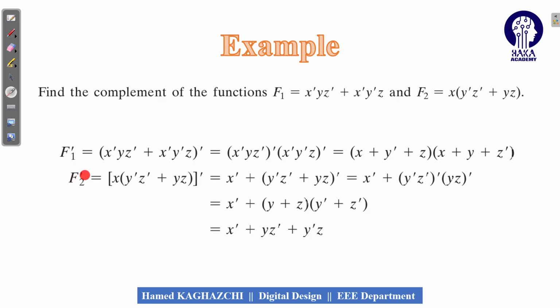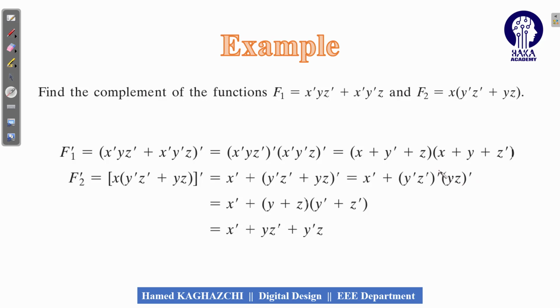Similarly, for the case of f2 prime, I complement all of the expression. Now this prime, if applied inside of the parentheses, I will have x prime. Here the and converted to the or. Again, y prime z prime or yz, all of them complemented. Again, x prime or (y prime z prime) prime, this or converted to the and, (yz) prime.